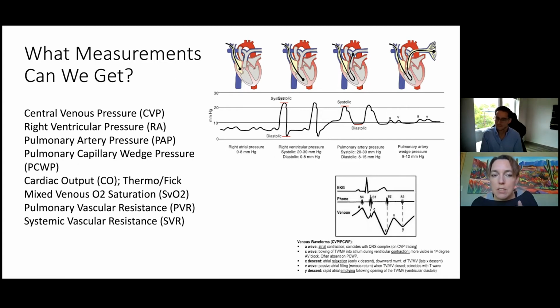But the concept is, when we're talking about the PA sat, there are a couple of different environments where we might get it: in the cath lab or the CVICU in a patient in cardiogenic shock. But I know that sometimes we get a mixed venous sat in the MICU. Why do we get it?